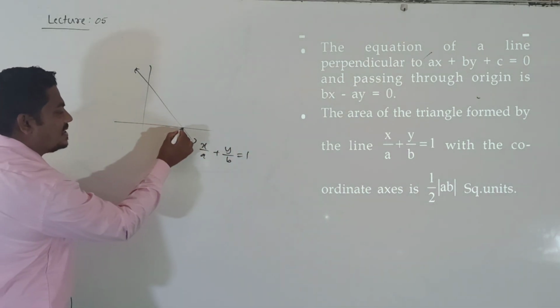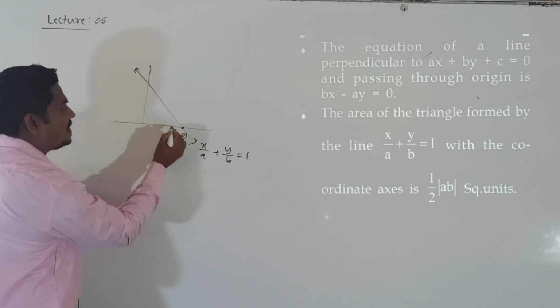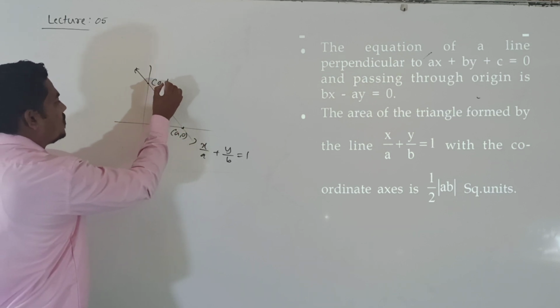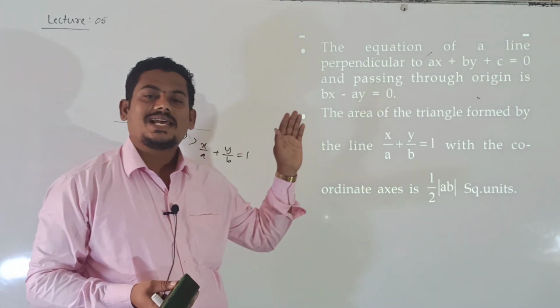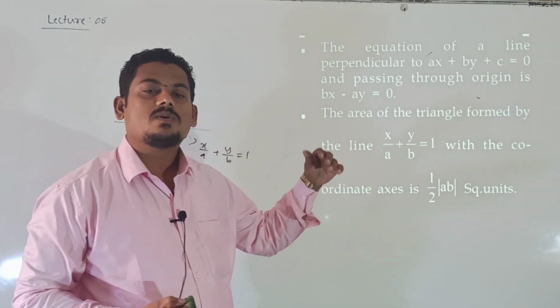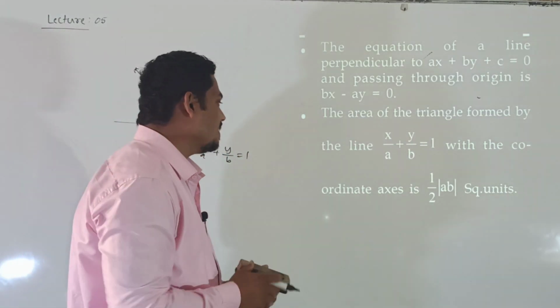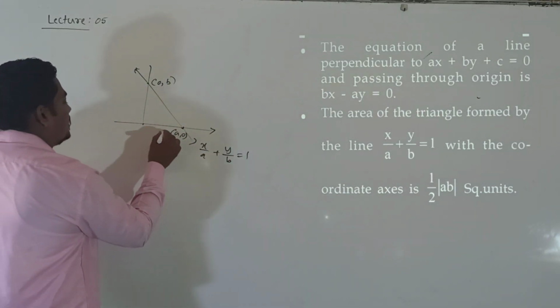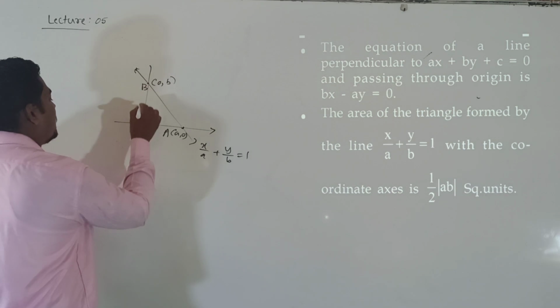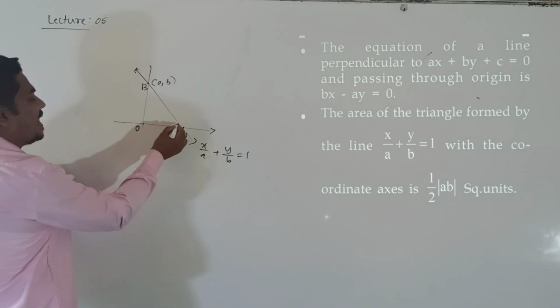X by a means this is the x intercept a comma 0, this is the y intercept 0 comma b. Then the area of the triangle formed by the line with the coordinate axes, meaning with the x axis and y axis. This is a and this is b and it is the origin, meaning the area of this triangle.